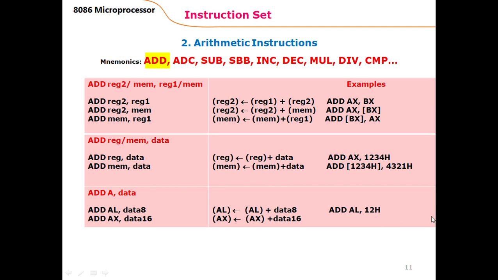So this 8-bit content is added with 12H, and the result is stored back into the AL register. A 16-bit version can also be included, where a 16-bit immediate value is added with the 16-bit content of the AX register, and the result is stored back into AX. Here is the example where the 16-bit value 1234H is added with the 16-bit content of the AX register, and the result is stored back into the AX register.